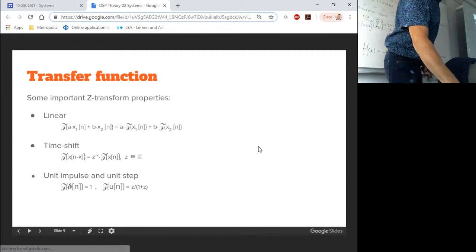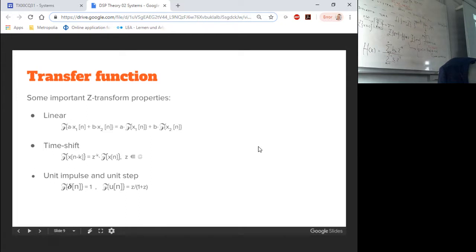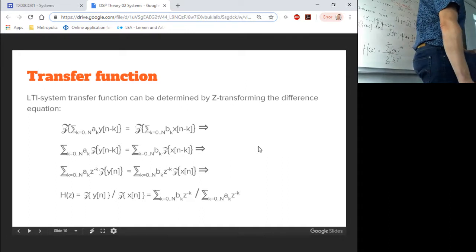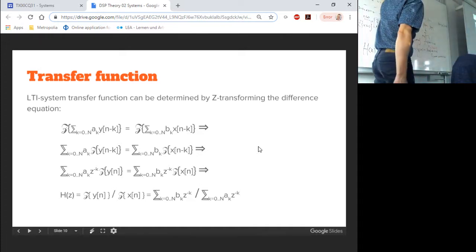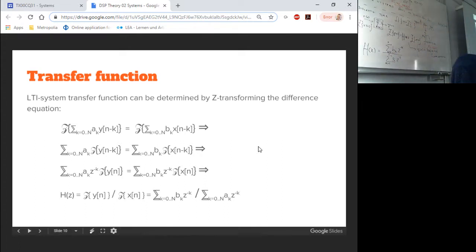What next? Transfer function properties, linear time shift invariant. No, not time shift. Actually, time shift comes after z minus k, and those are for the mathematicians or for the advanced course. That's basically just proving that when we start from the difference equation, we end up having this kind of transfer function.